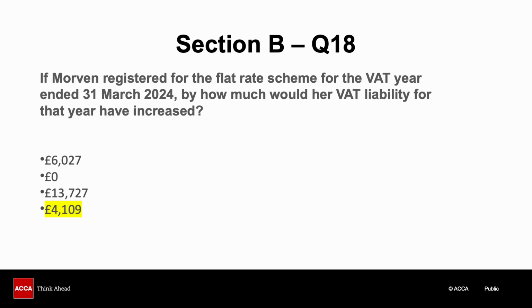If you picked 0, then maybe the reason is that you worked out that there would have been a decrease rather than an increase in the VAT liability. And the other incorrect option is maybe you just looked at the flat rate scheme liability on its own and forgot that the question was asking by how much it would have increased. So you need to make sure you go back and read the requirement again before you make your final decision, just in case while you've been doing calculations you've forgotten the specific question that's been asked.